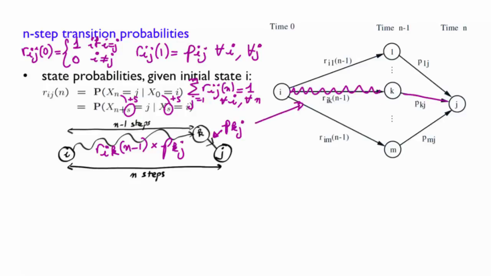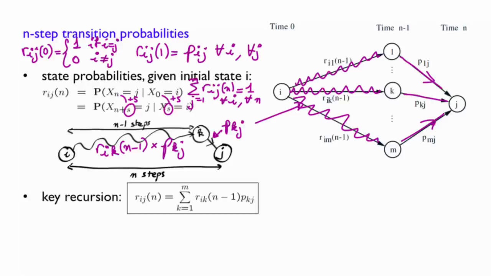This is for state 1 and state m. So the overall probability of reaching state j is obtained by an application of the total probability theorem. It gives the following formula. So this corresponds to the total probability theorem. Here, this is the calculation that we have done here, and we sum over all possibilities for k.